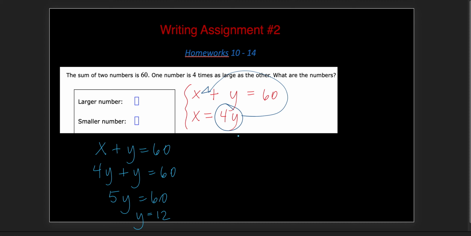Now we find the other number, and you can plug in 12 for y in either equation. I'll choose the bottom equation, so if y is 12, that looks like x is 48. So then you would type in the larger number is 48 and the smaller number is 12.